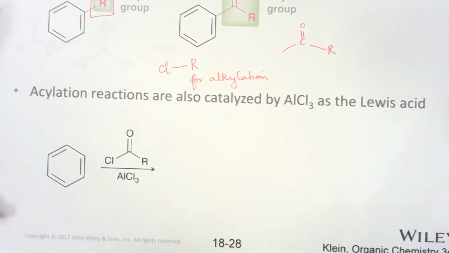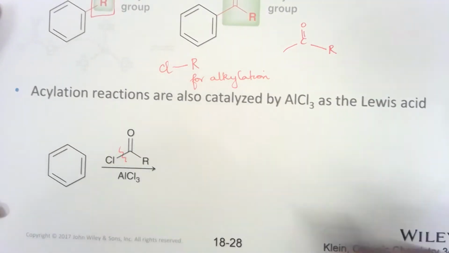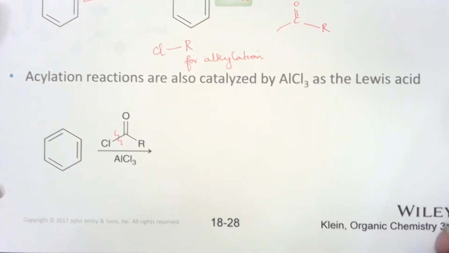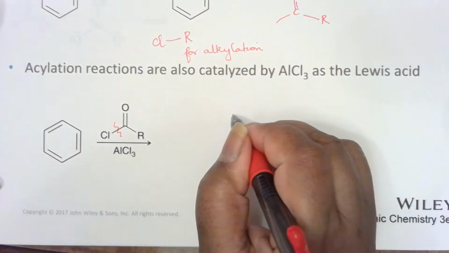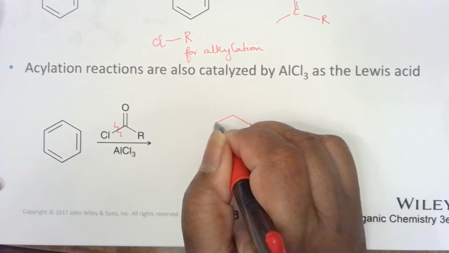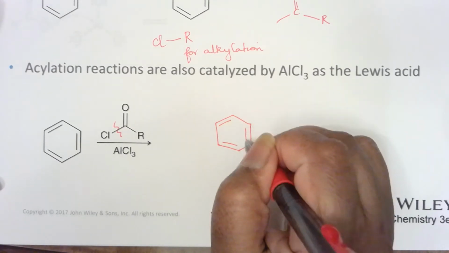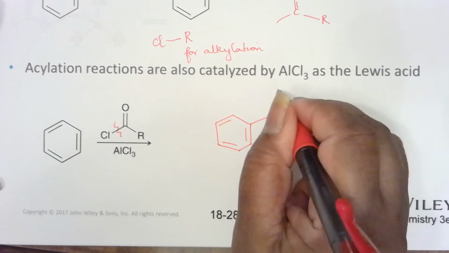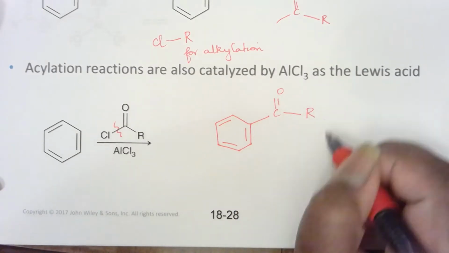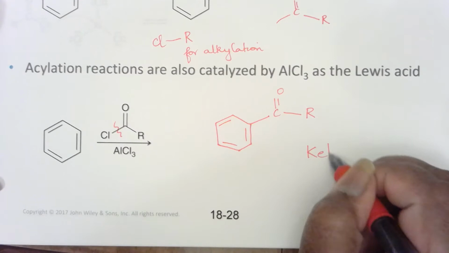So the product that's expected here, you break the bond between the Cl and the carbonyl, and the product is this. You get a ketone.